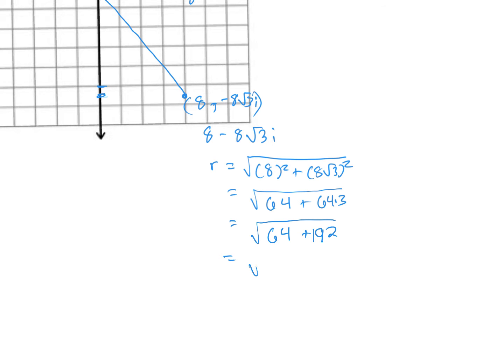Add those together, that is the square root of 256. And we check to see if 256 is a perfect square. And it is, so my r value is 16. So that distance is 16.